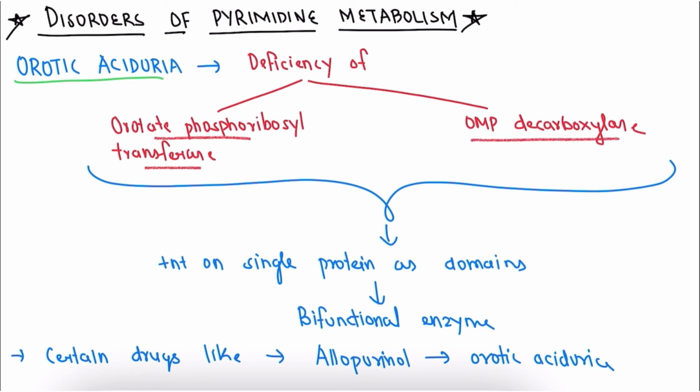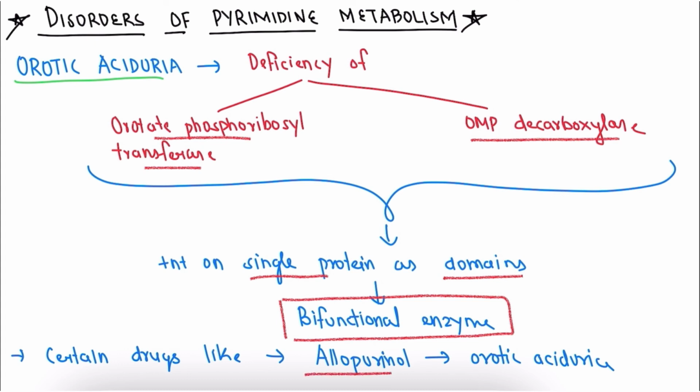These two enzymes are present on a single protein as domains. So these are bifunctional enzymes, and certain drugs like allopurinol would also lead to orotic aciduria. So in orotic aciduria you have to remember deficiency of two enzymes, orotate phosphoribosyl transferase and OMP decarboxylase.